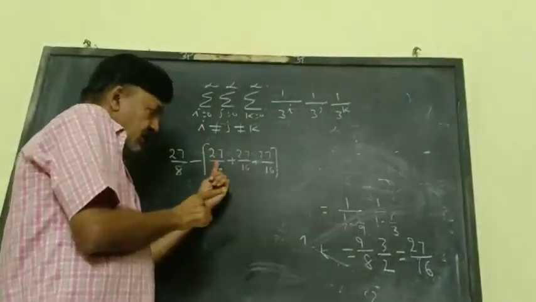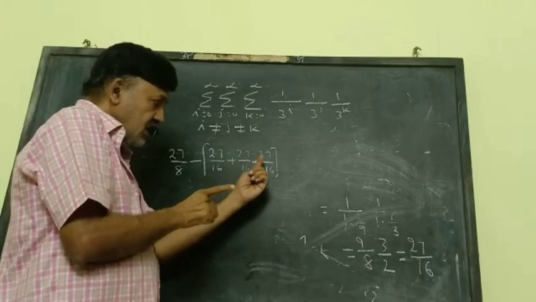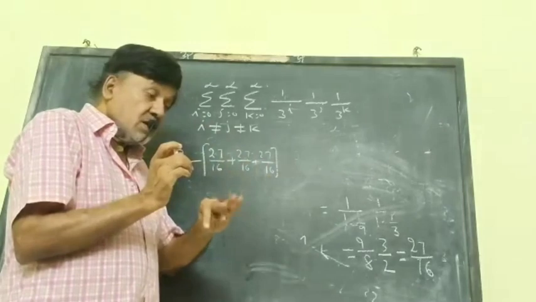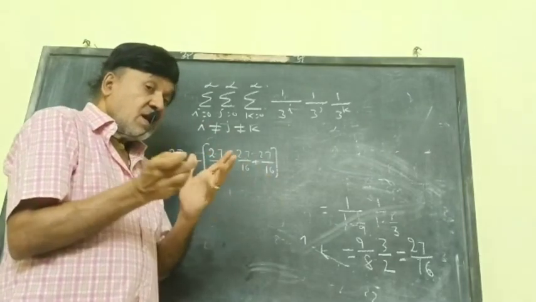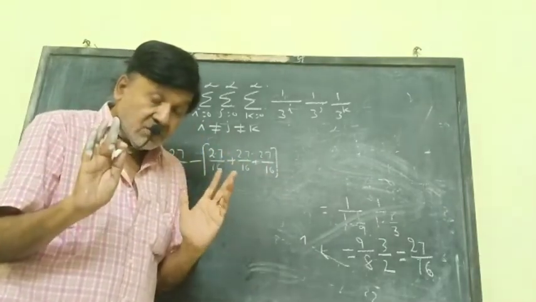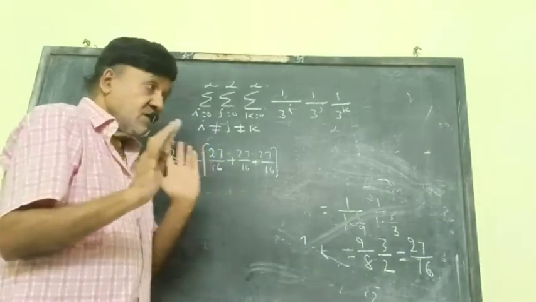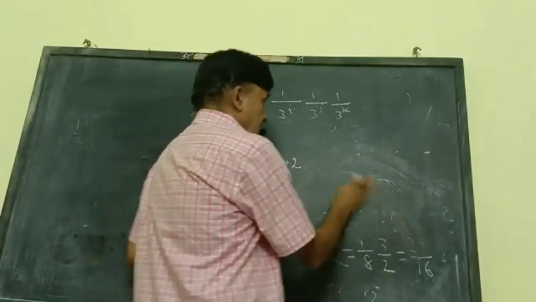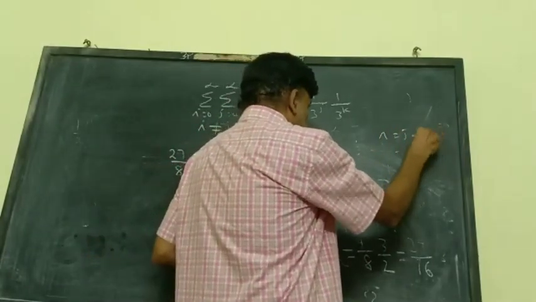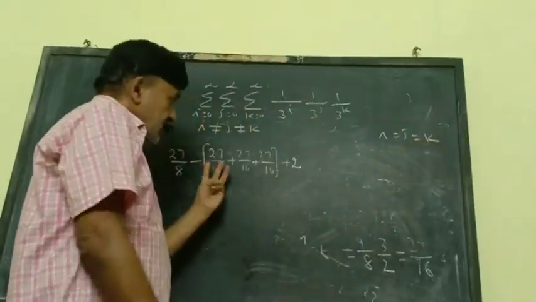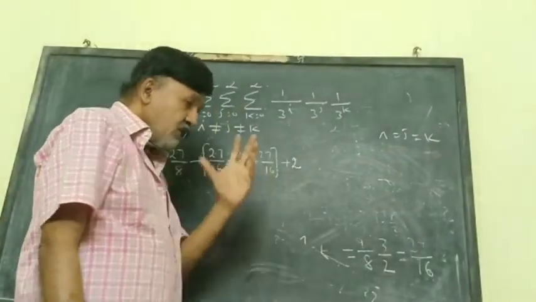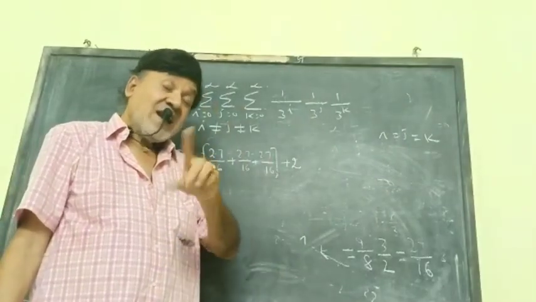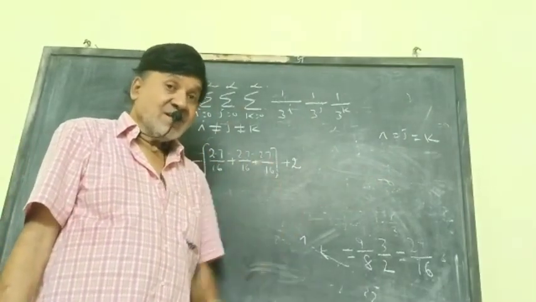But you are subtracting it here, here, and here. That means you are subtracting 3 times, but you are supposed to subtract only once. That's why I will add twice the i equal to j equal to k case.